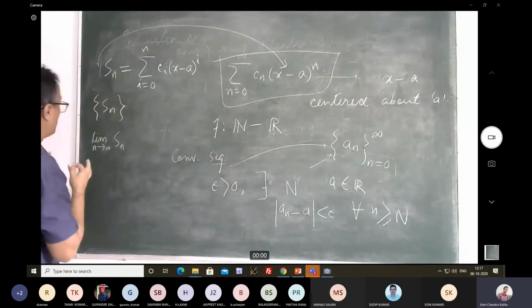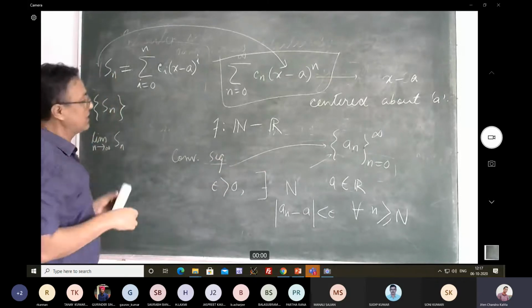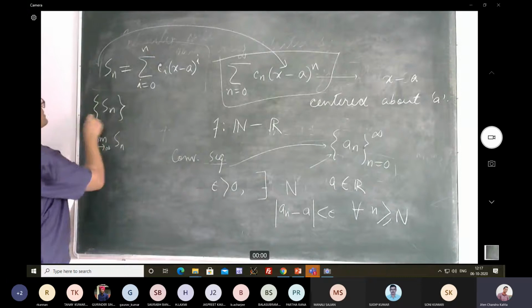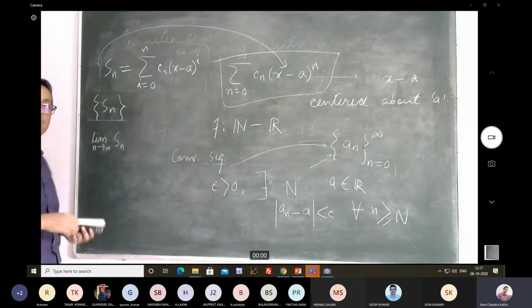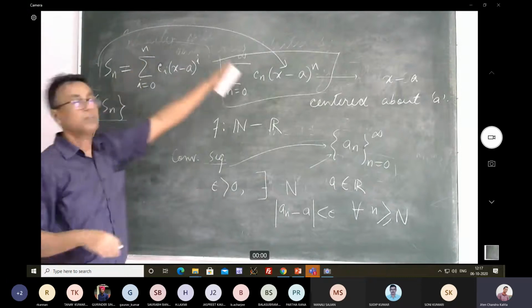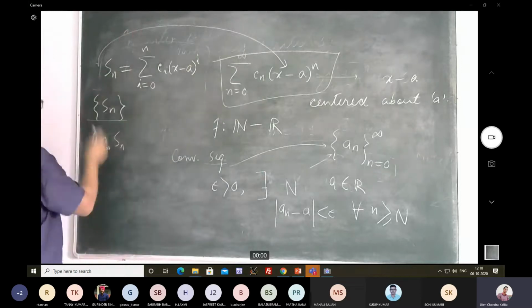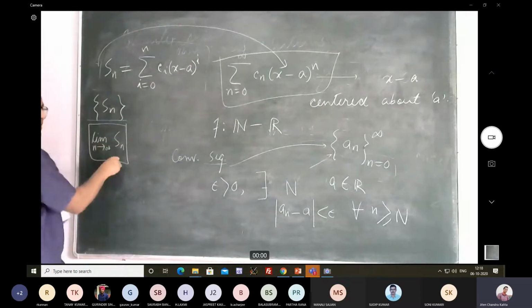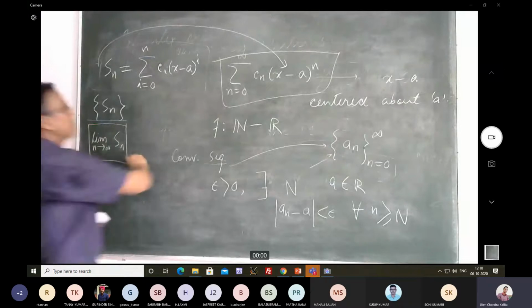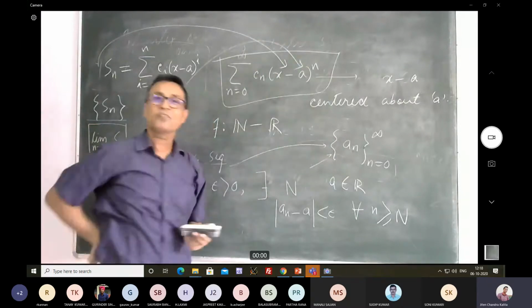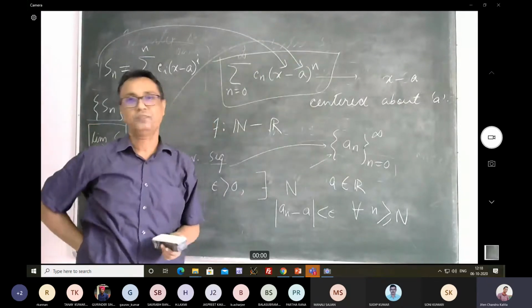Okay, so now, when the sequence of nth partial sum is convergent, we say that the infinite power series is also convergent. So basically, that means this limit exists, isn't it? So that means this infinite sum is going to exist. That's it. Okay.